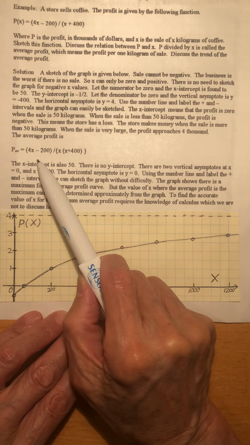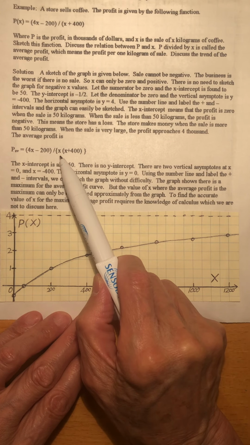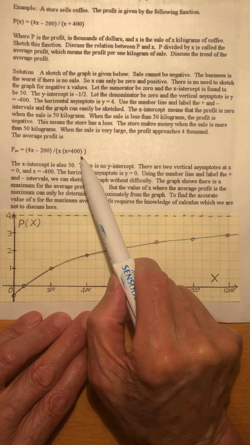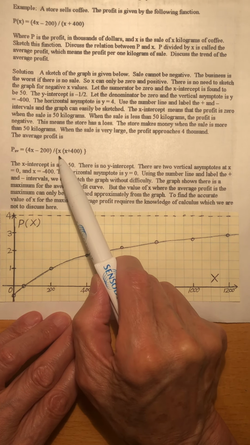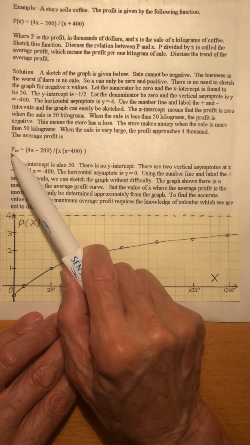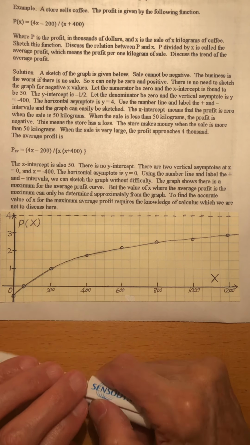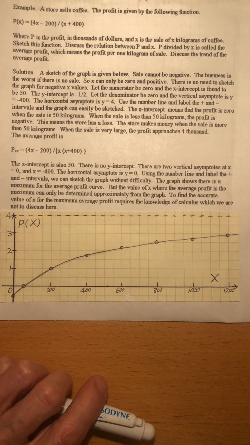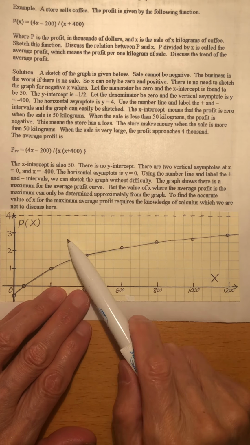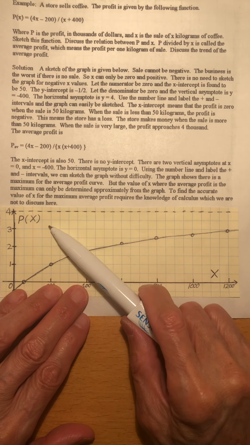The y-intercept is when you let x equal 0. But when x is 0, your denominator is 0, which is not possible. When the denominator is 0, the average p is undefined. So you do not have a y-intercept. And then, what's the next step to graph the function?